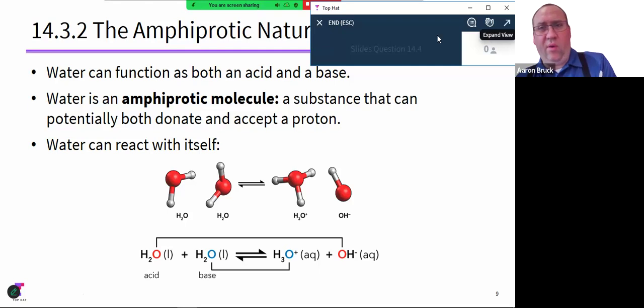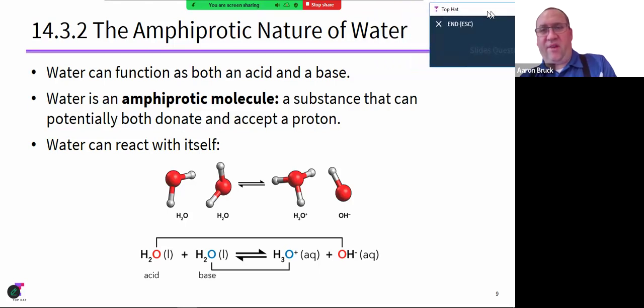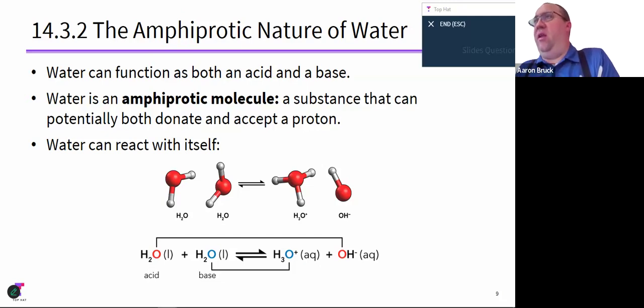Okay, so let's talk then about a phenomenon that we definitely have experienced and comes to light in the Bronsted-Lowry definition, and that's water. We can call water amphiprotic. Now, what does that mean? Well, let's break down the word.